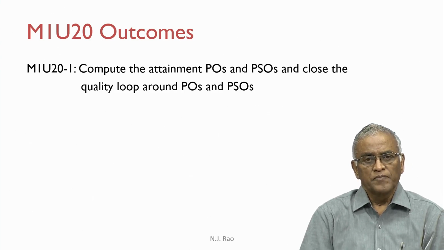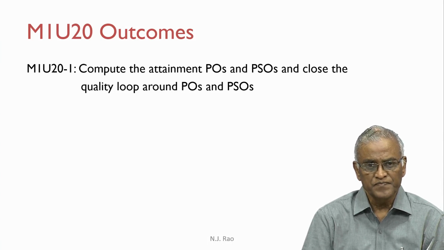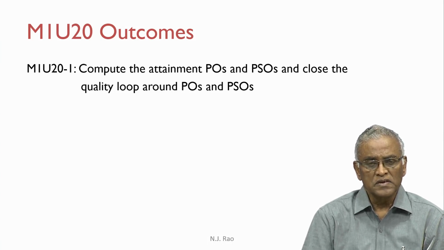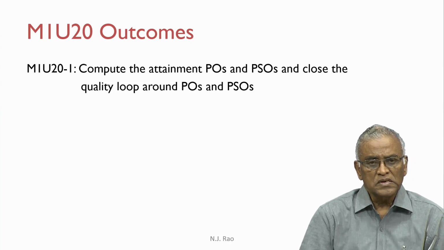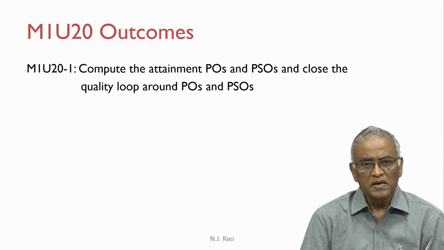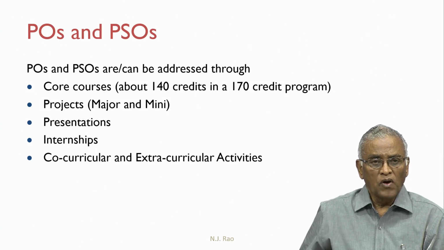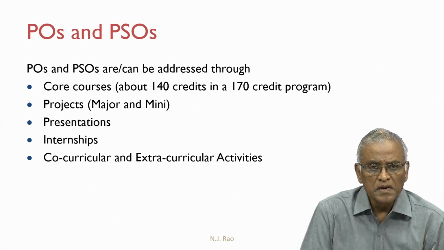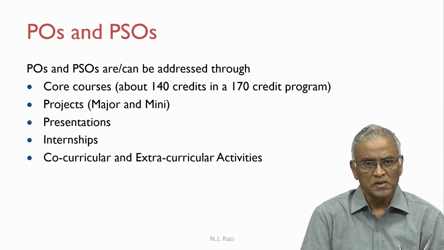That means computing attainment of POs and PSOs requires considerable aggregation over all the activities, or the majority of the activities, over the 4-year duration of the program. So, the way you aggregate is not necessarily unique, and there is no one correct way of doing things. One has to be a little careful in terms of over specifying or under specifying the aggregation process.